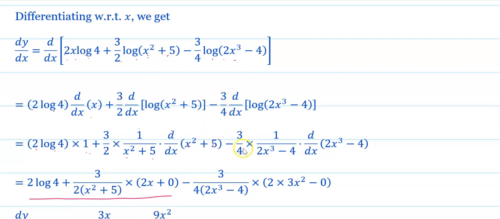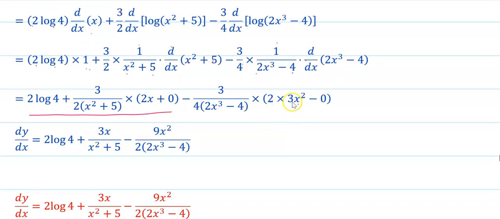Next, 3 by 4 log of d/dx of log of 2x cube minus 4. Again, the derivative of log of x is 1 upon x. Similarly, 1 upon 2x cube minus 4 into, again it is a composite with 2x cube minus 4. And hence d/dx of 2x cube minus 4 is 6x square, that is 2 into the derivative of x cube, which is 3x square; the derivative of 4 is 0. 2 into 3x square is 6x square.